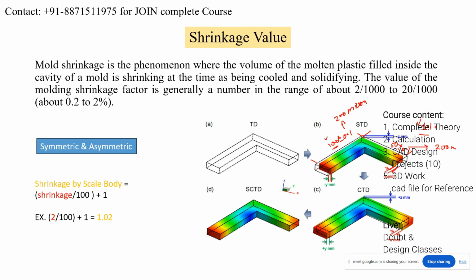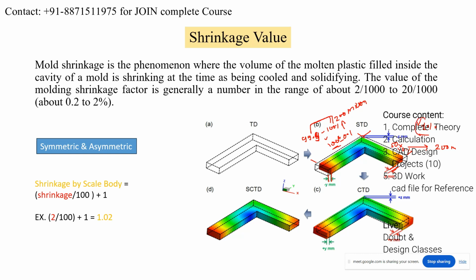So basically you should get this dimension about 99.9 minimum, right or wrong? Or maximum? 100.1. So you should get a dimension within this limit.